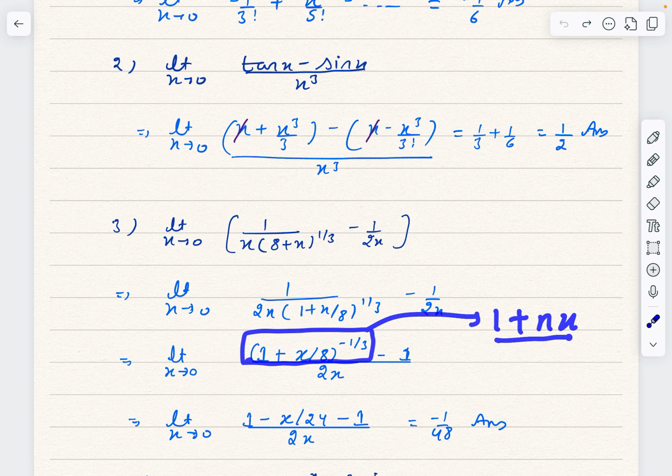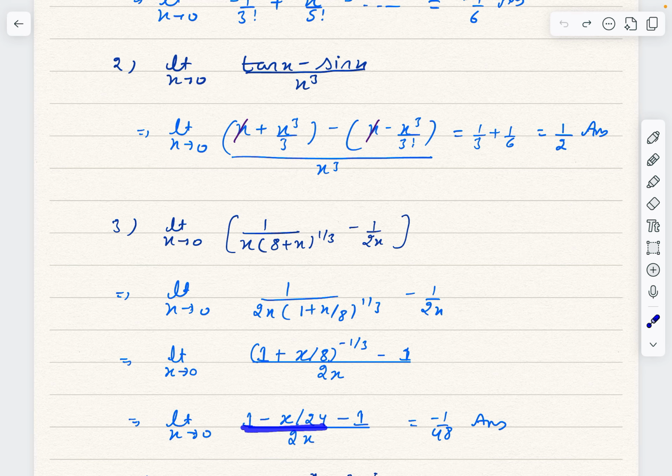We don't need to take the next term because in the denominator we have x only. All the next terms will have x square, x cube. We can skip that. So 1 plus nx will become 1 plus x by 24 minus 1. So this 1 and 1 get cancelled out, x and x get cancelled out, and we get 1 over 48 with the sign from the original expression, minus 1 over 48. I hope it is clear, guys. Next.